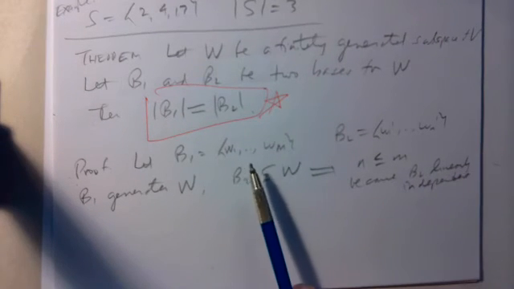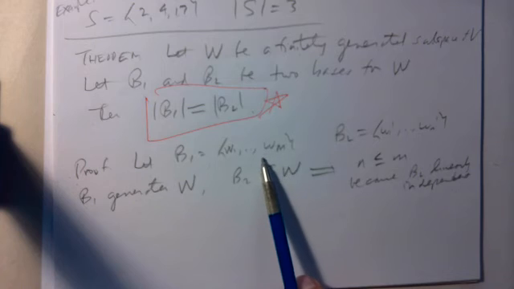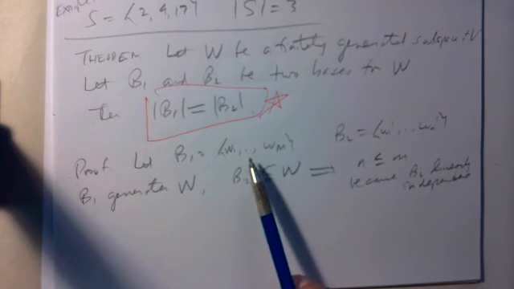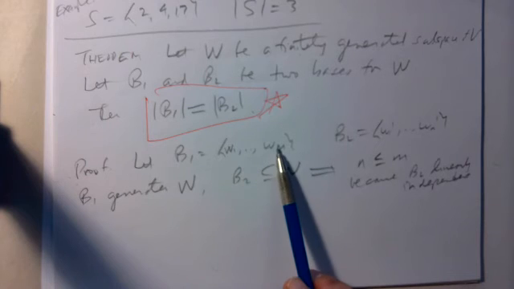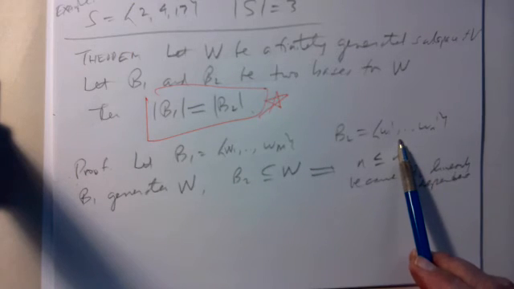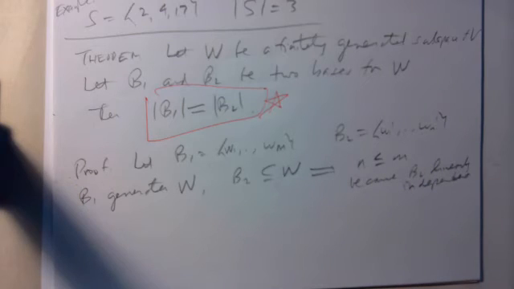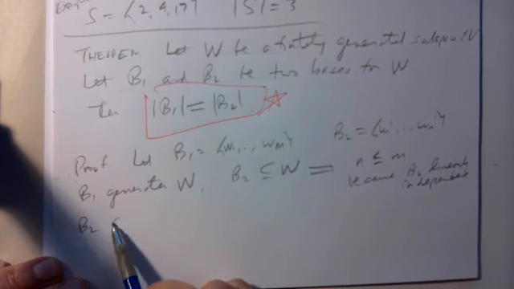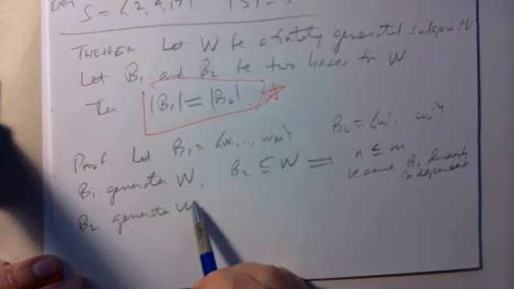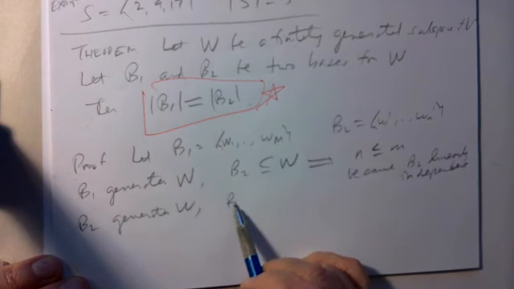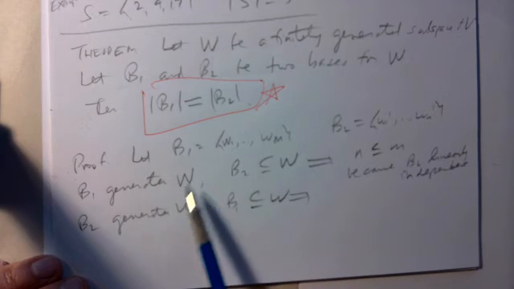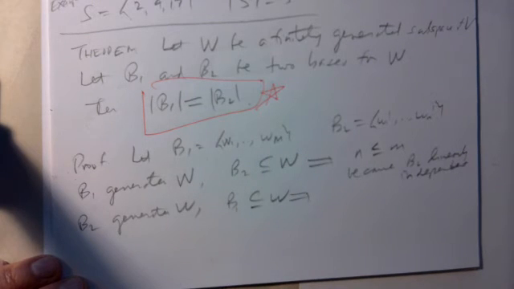Right? Remember, a basis has 2 properties. It generates and it's linearly independent. So let's look at those 2 properties separately. The set B1 generates, it has M vectors. The set B2 is independent, it has N vectors. So N is less than or equal to M. Okay. And now let's also look at it in the opposite way. The set B2 generates W. The set B1 is contained in W. And the vectors in B1 are linearly independent.